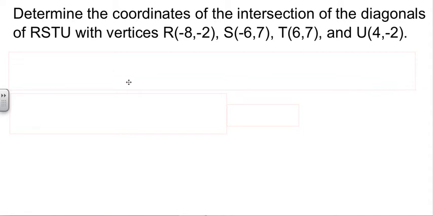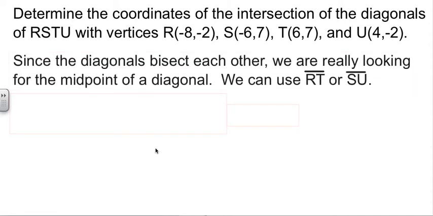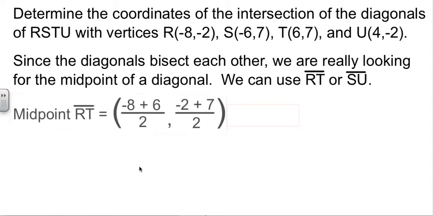Well, if they want us to find the intersection of the diagonals, what we're really interested in is finding the midpoint of one of the diagonals. We can either use RT or we can use SU. I chose RT just because I did, no apparent reason. And all we have to do is find the midpoint.